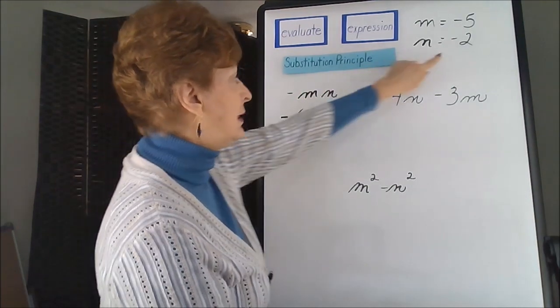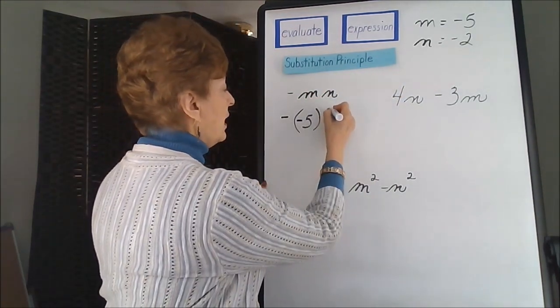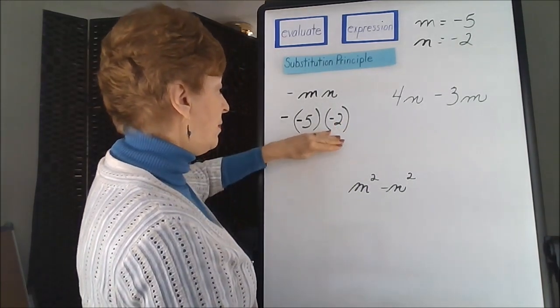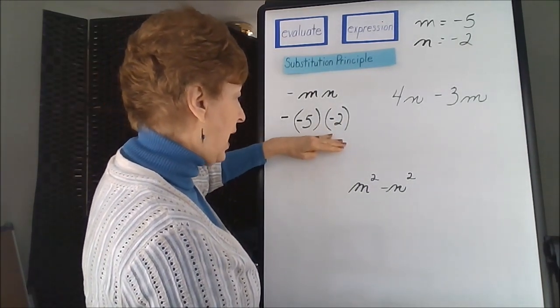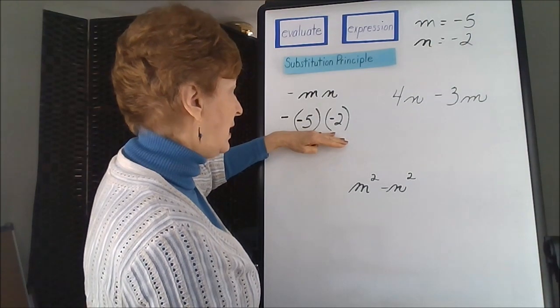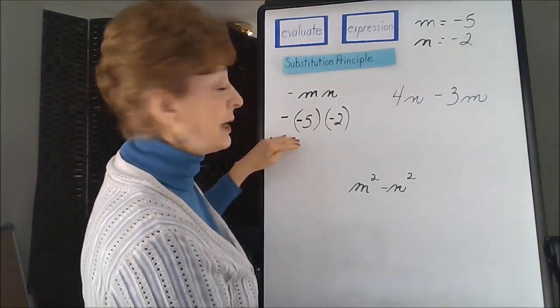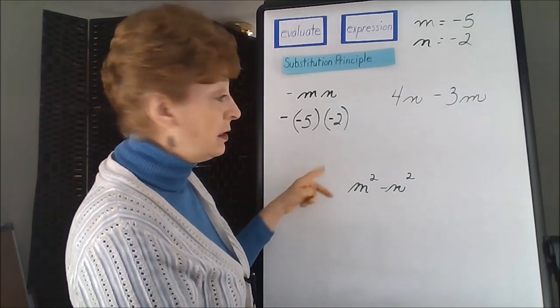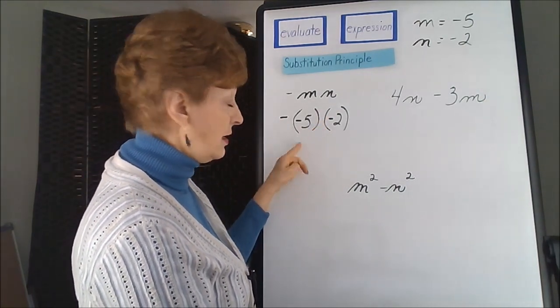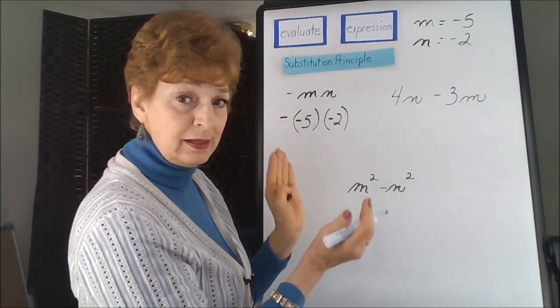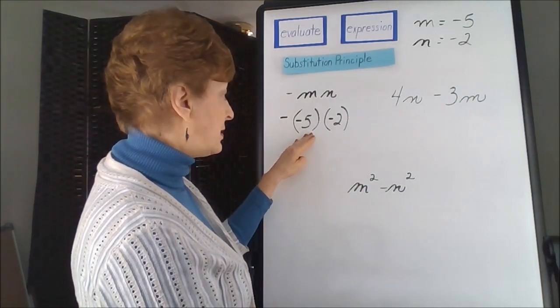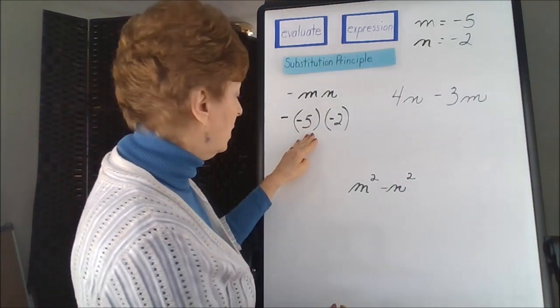And then the n is going to be a negative 2. Again, putting parentheses around that value makes you positive that you are getting the right value for the right letter in the proper spot. Whenever one single value is in the set of parentheses, it's either to show it as an entity of its own, or it's a multiplication symbol.